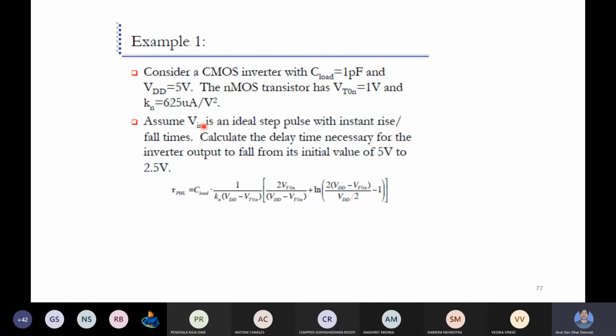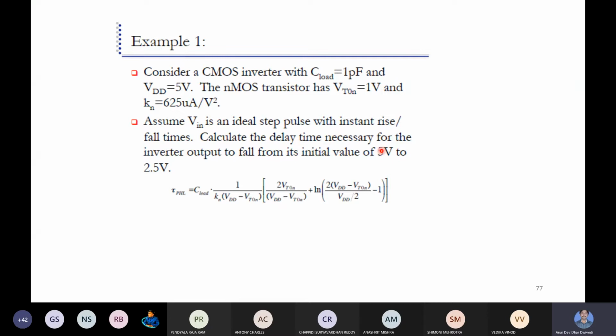It is assumed to be an ideal pulse, switching from low to high in very short time, so we can ignore the rise time and fall time of the input pulse. An ideal pulse has zero rise time and fall time, so it switches from low to high immediately without taking any time.